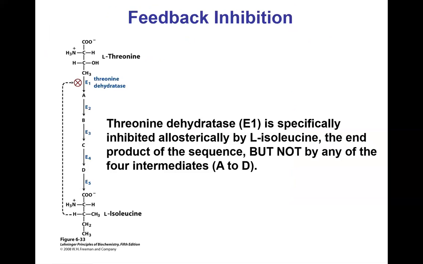That brings me to the last slide for this chapter, which is about feedback inhibition. We talk about metabolism later, but I want you to get ready for it. So that's why we talk about this inhibition right now.